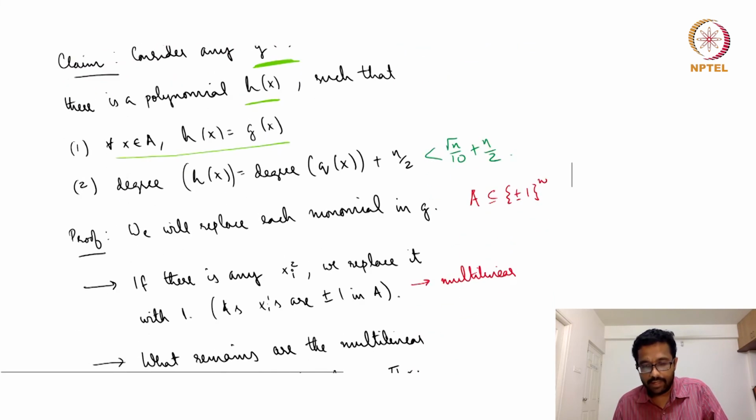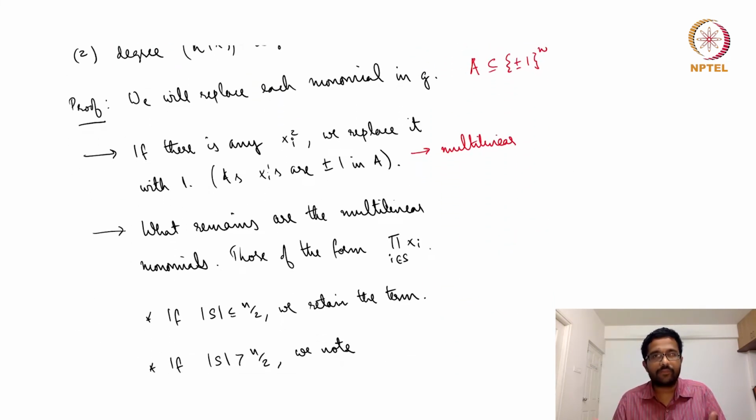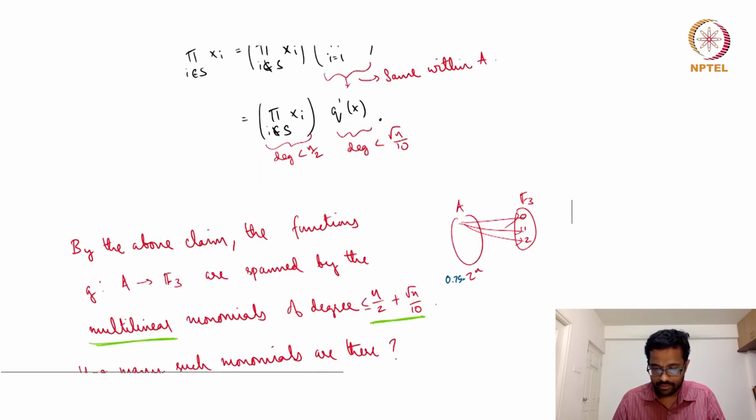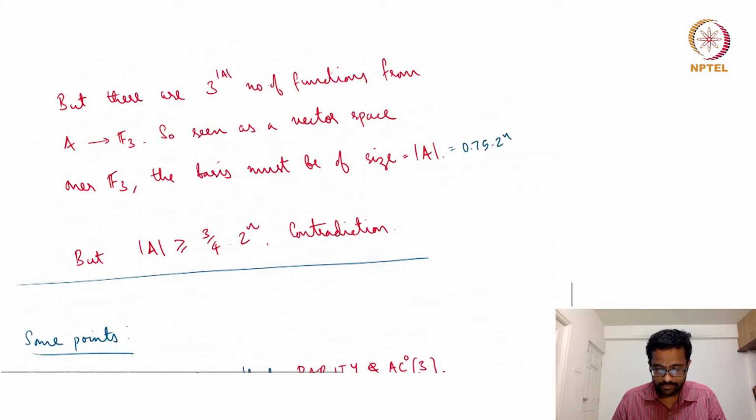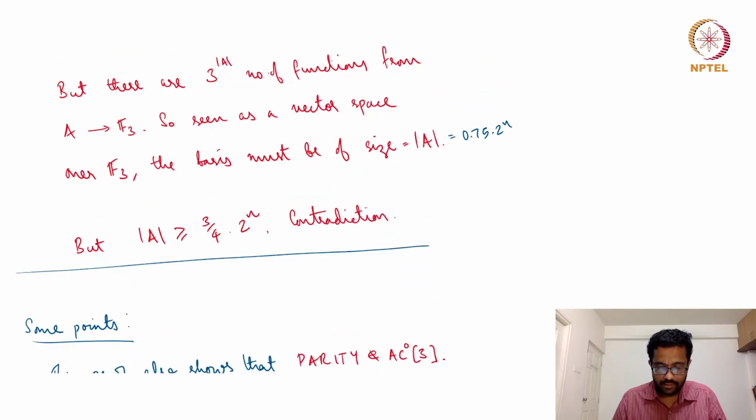But that doesn't add up because the number of functions is way more than the number of polynomials. And that gives us a contradiction. And yeah, that's about it.